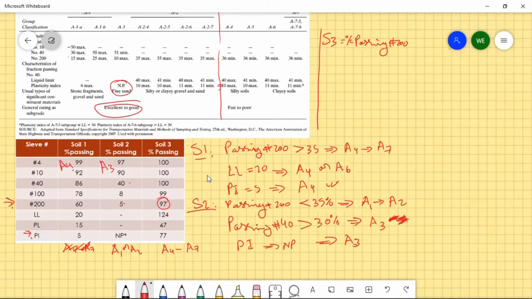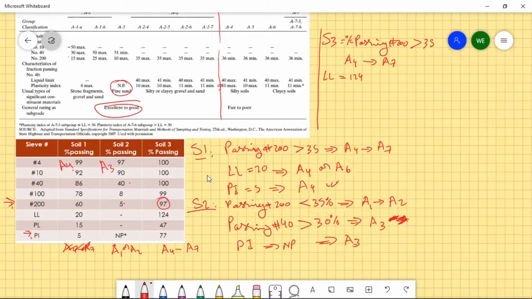Then we go to the liquid limit. Liquid limit equals 124.